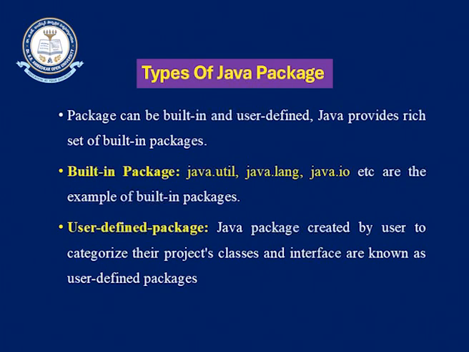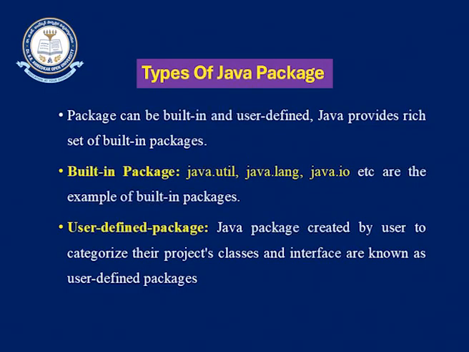Suppose you want to implement input and output related actions, you can use the java.io package. Like that, every package has its own properties and its own classes. So this is about built-in packages. A few examples are java.util, java.lang and java.io.